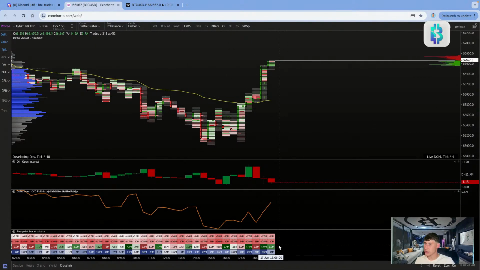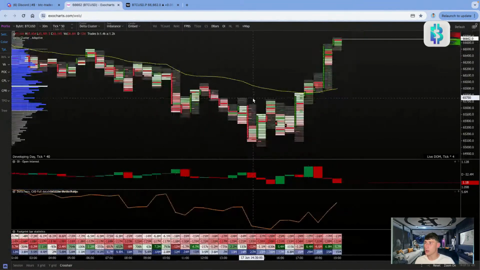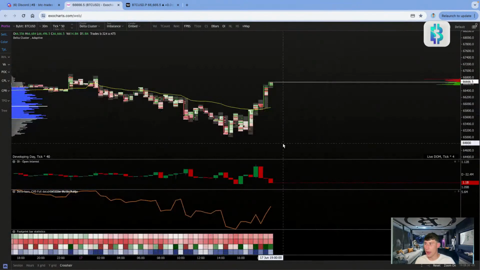Now what we're starting to see is 6.9 million positive delta, 5.7 million positive delta, but open interest is decreasing. So now is what I wanted to see back here. Now we're seeing these 12 million short trades covering, buying back into the market. We know that these are covering because open interest is decreasing.